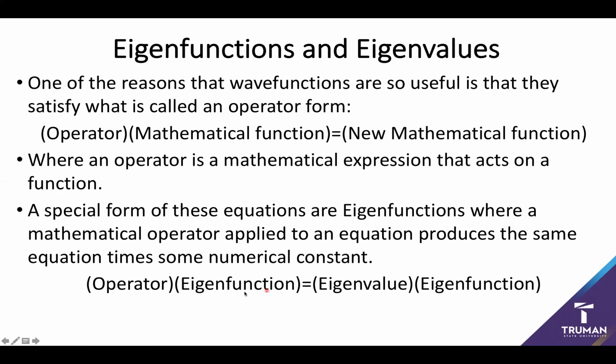So let's say I have a function that has a dependence on x, so something with a dependence on position. Well, I'm going to get that same wave function back, and the only difference is going to be the mathematical number involved.